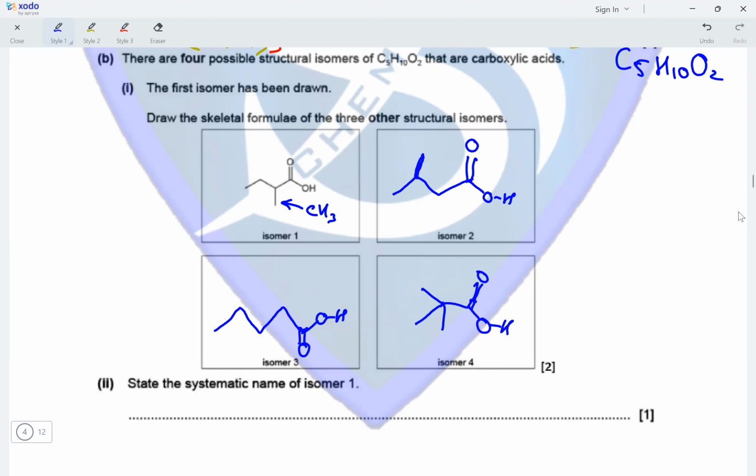We can have three CH3 groups attached to the same carbon atom that is attached to the COOH group, making the fourth isomer of the required carboxylic acid. State the systematic name of isomer 1. So the systematic name of isomer 1 would be 1, 2, 3, and 4, so it would be 2-methylbutanoic acid.